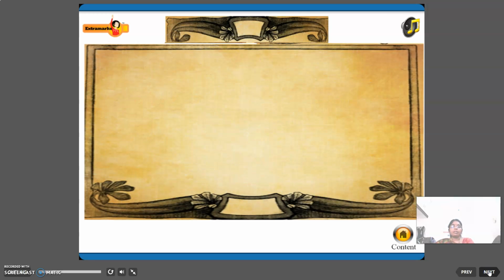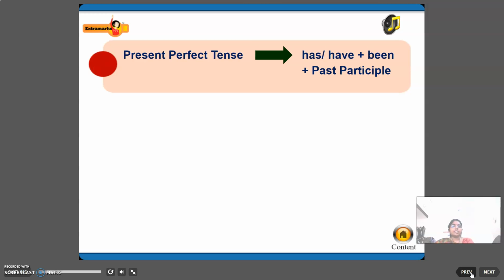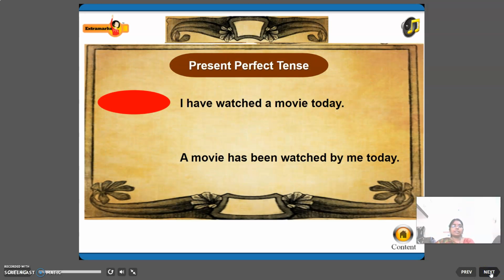Okay. Now we will go through the next example, present perfect tense. I have watched a movie today. A movie has been. See, I have. A movie is a third person singular, so has.